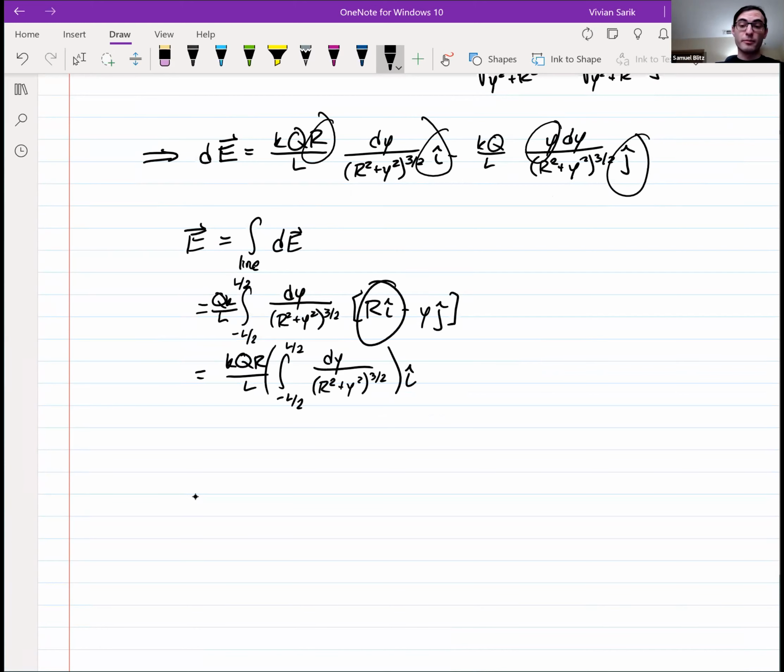So that's the first term, right? I pulled out an r and so on, minus kq over L times the integral from minus L over 2 to L over 2 of y dy over r squared plus y squared to the 3/2 in the j hat direction.